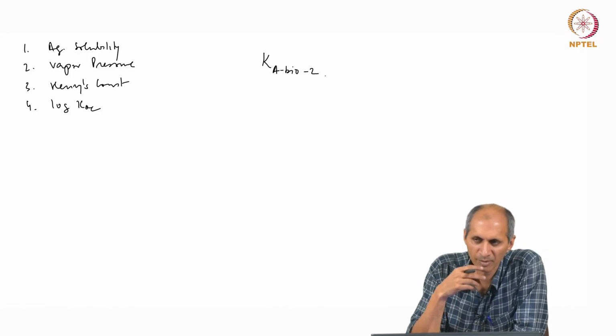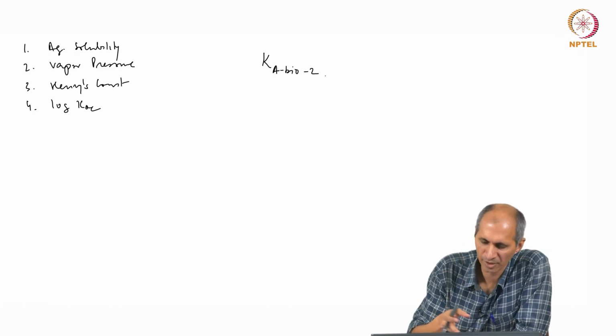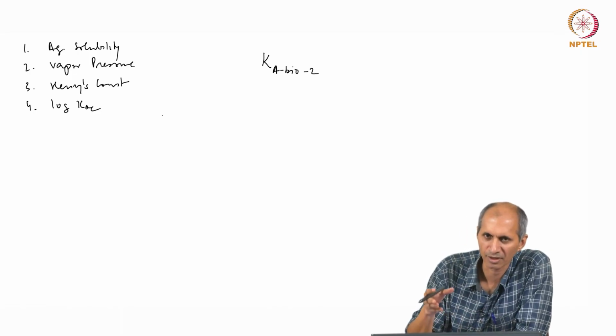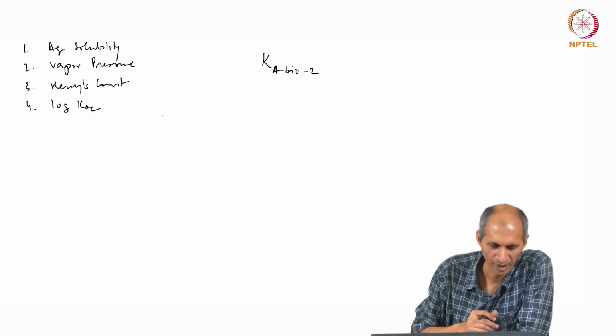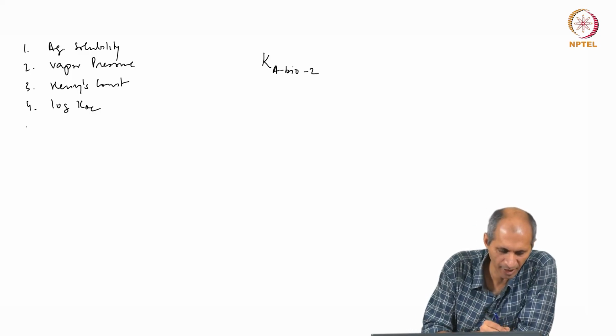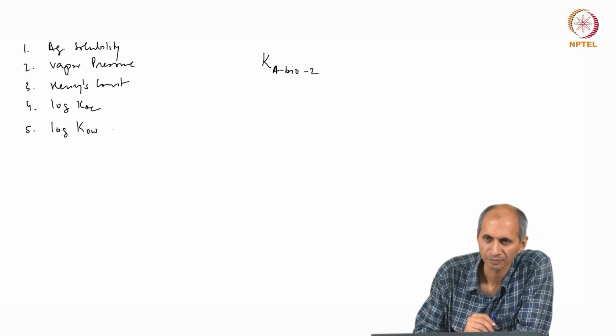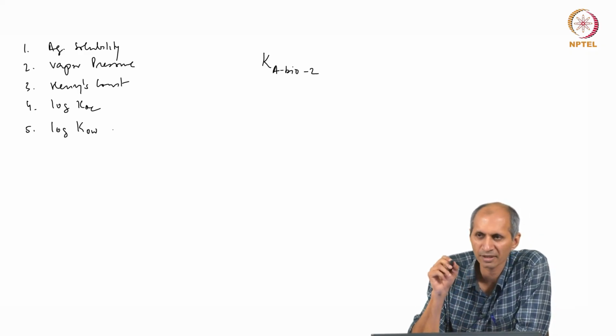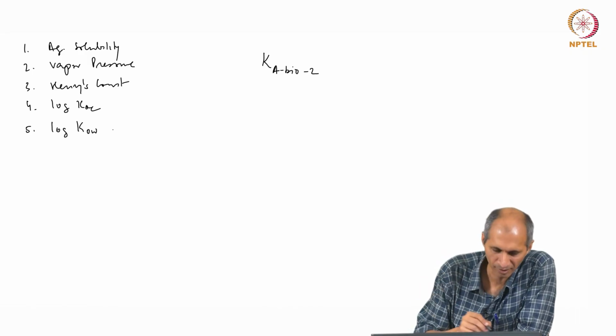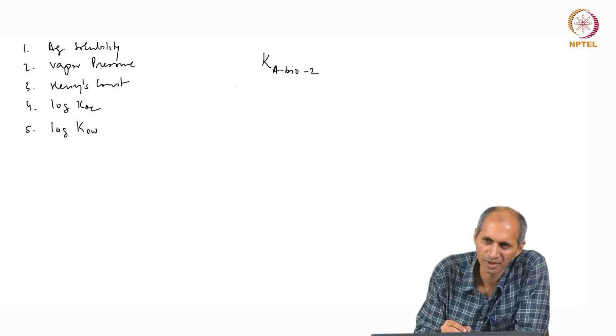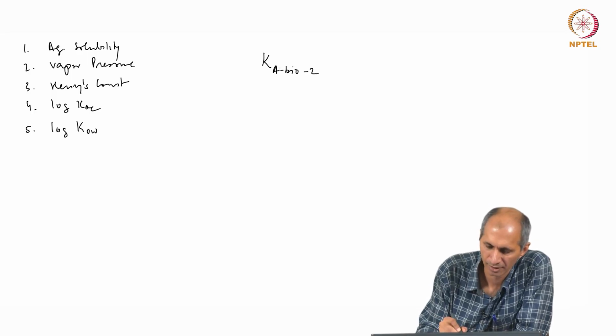So, this bioaccumulation factor is just like the log KOC, a ratio of two concentrations. In this context people have what is called KOW. Now, this is a normalized number. Instead of using lipids, they use octanol. Octanol is used as a surrogate for lipids.